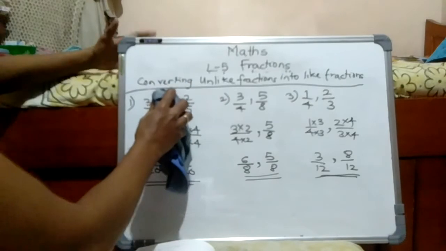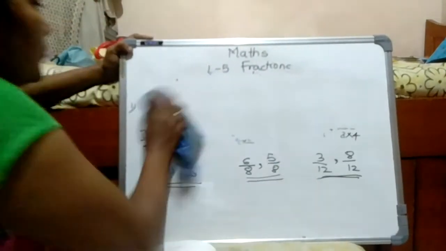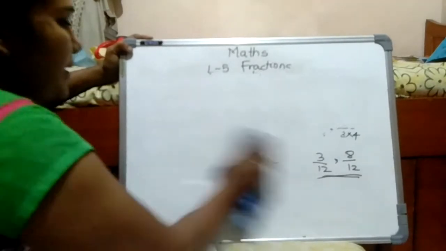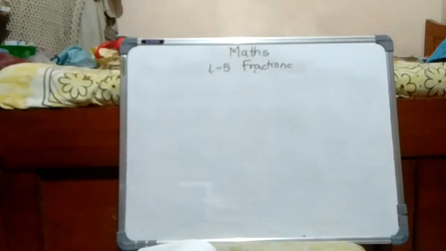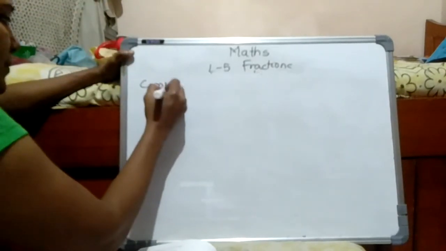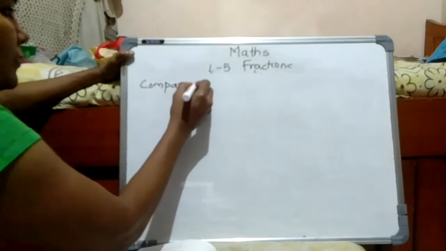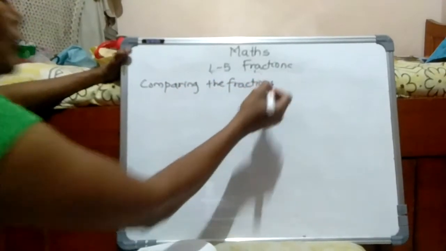Now we have to find which fraction is greater or smaller with the help of the symbols given. We will say comparison, comparing the fractions. Comparing means to see which is big, which is small, which is equal.